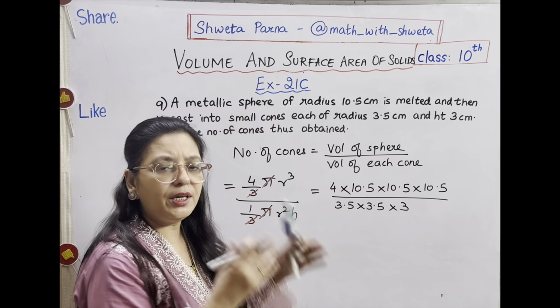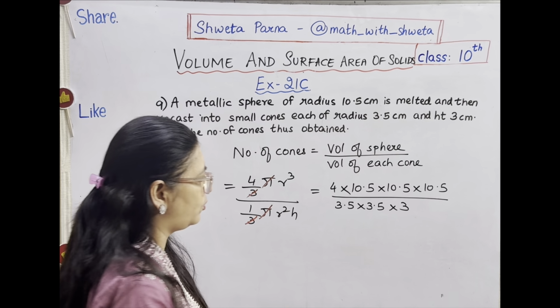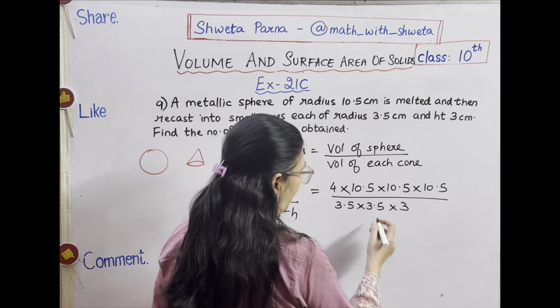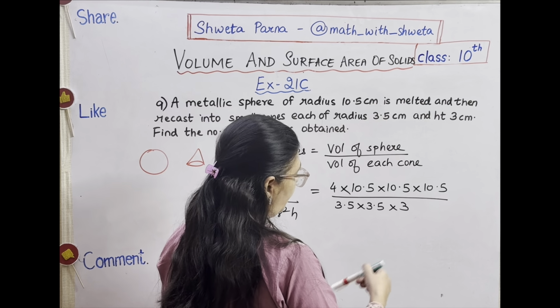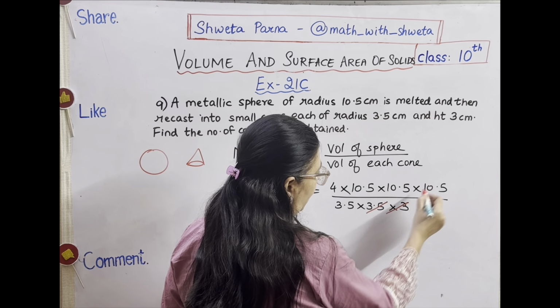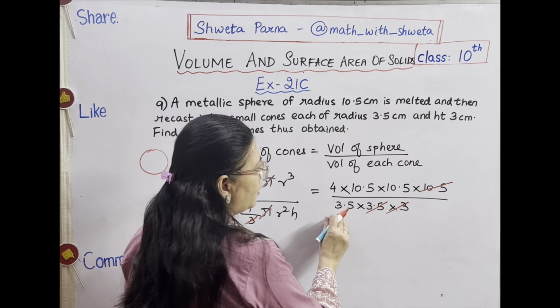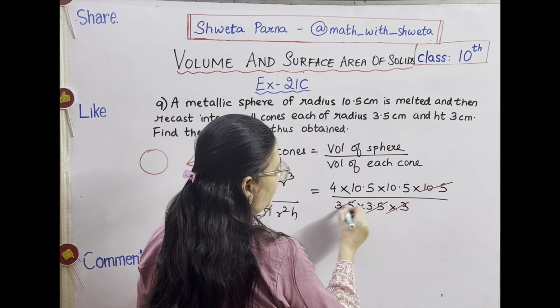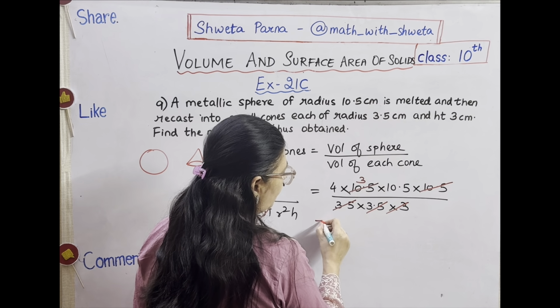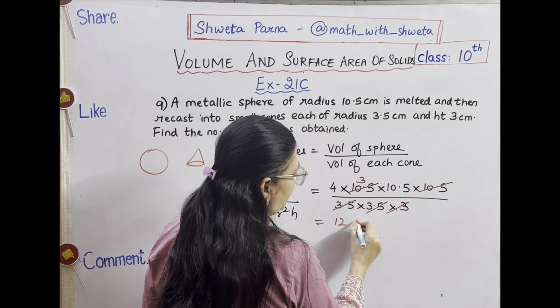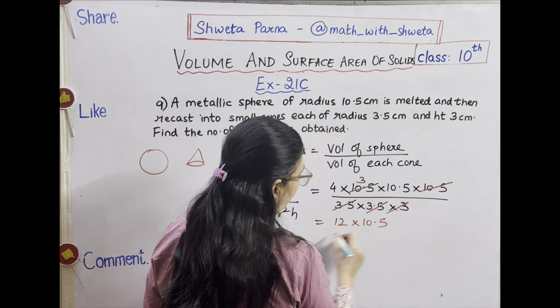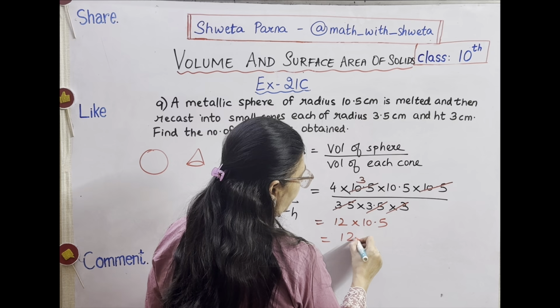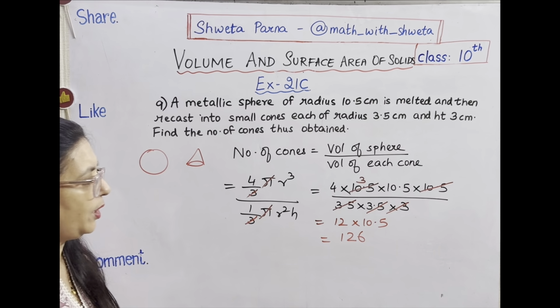So instead of doing it individually, you can do it this way also. Now 3.5 into 3 is 10.5. I will just cut down one 10.5. 10.5 divided by 3.5 is 3. So the answer is 4 3s are 12 into 10.5. So the answer is 126 cones can be obtained.